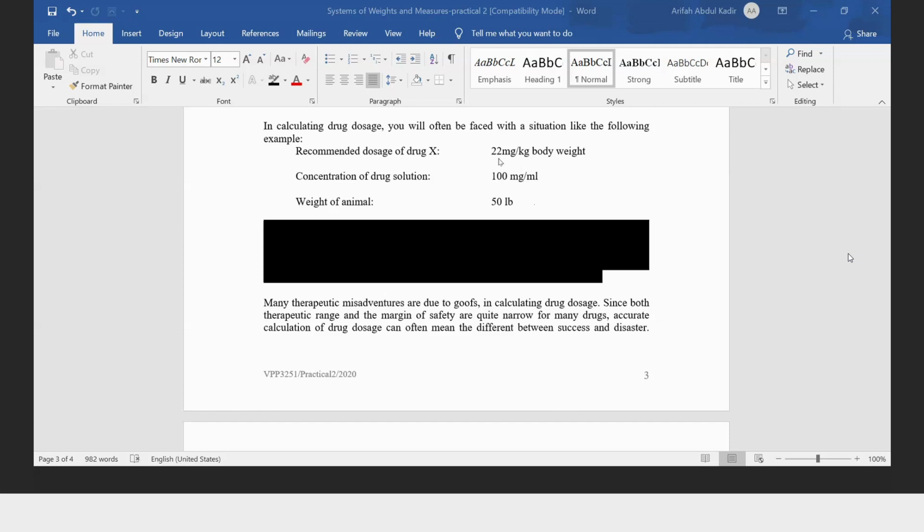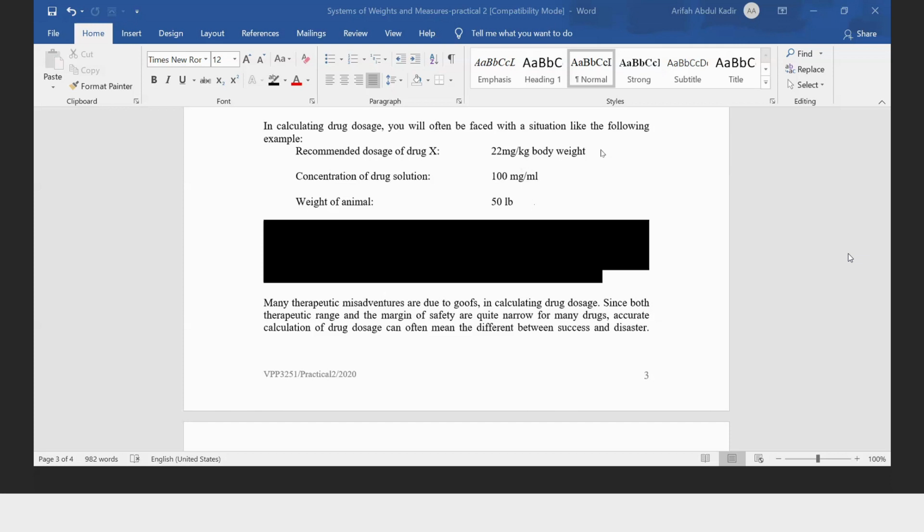One kilogram needs 22 milligram, so we multiply 22.7 by 22 milligram and get the required drug, about 499 milligram.